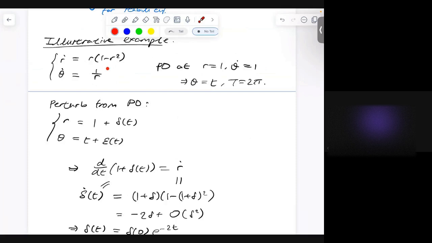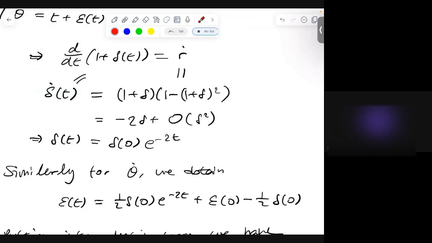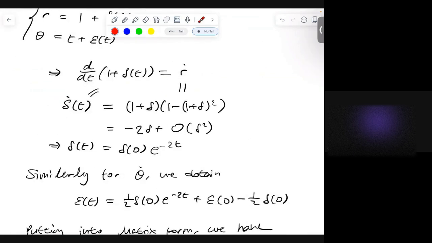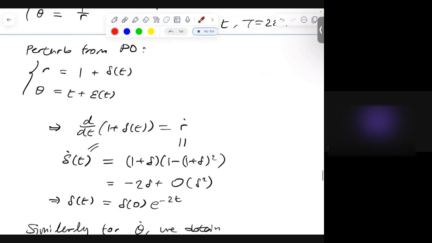But we know that r on the perturbed PO is 1 plus delta, so we just plug that into the equation for r dot to get this. And then we just expand and we get this to the leading order. And then that's just an ODE that we can solve. Does that make sense? Yeah, okay.